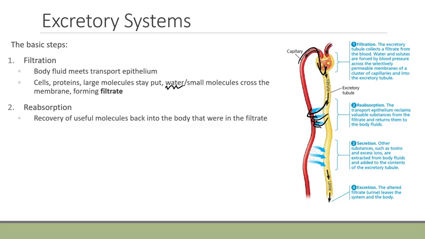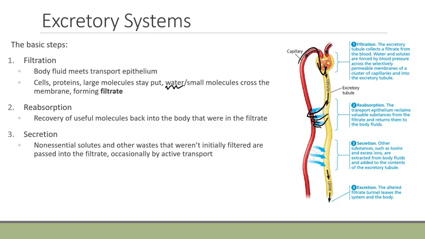However, not everything bad gets filtered in that first filtration step, or at least not everything that's excessive that needs to go gets filtered. So you're going to see secondary loss of stuff from the blood in secretion. Secretion is taking other things in the blood, not during the filtration step, and putting it back into that transport epithelia. Sometimes this is done passively.